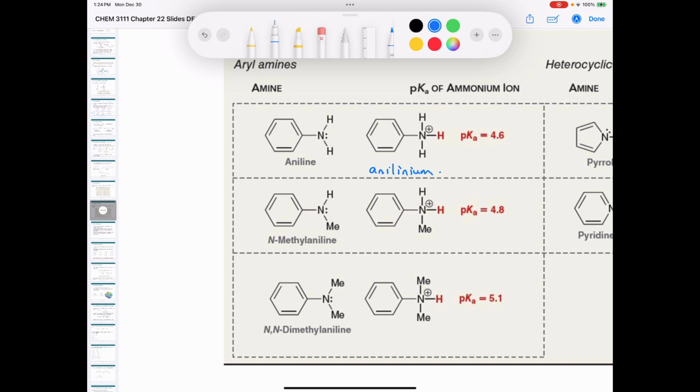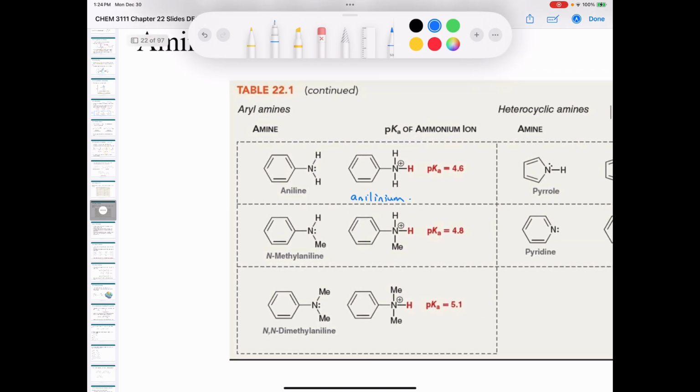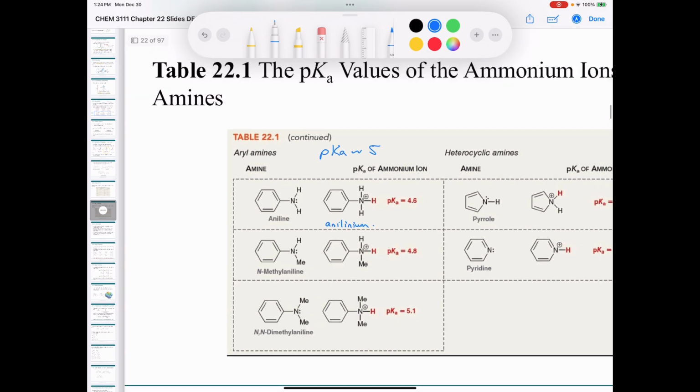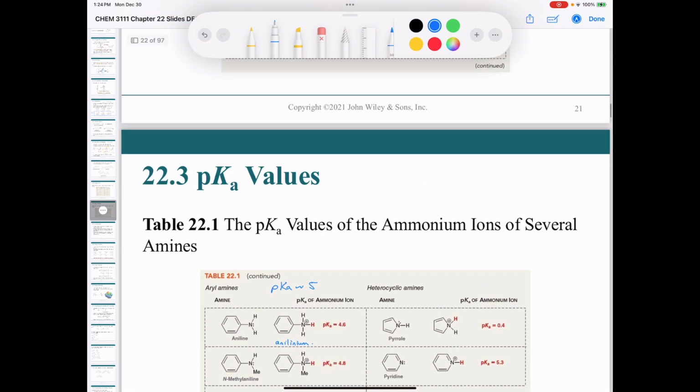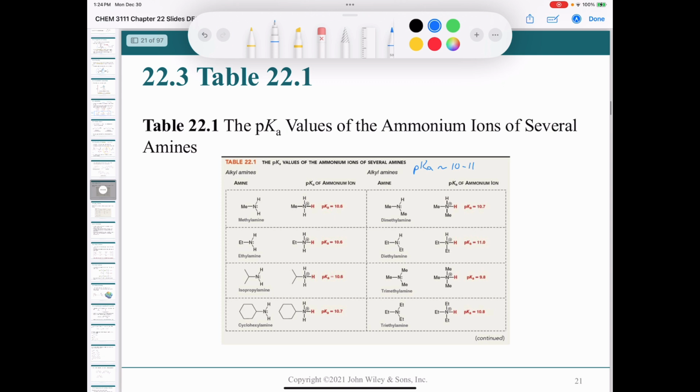So you can see that the pKa's of the anilinium ions are, we'll just say, around 5. Whereas if we go back to the previous slide, the pKa of all the conjugate acids of these alkylamines was a lot higher.